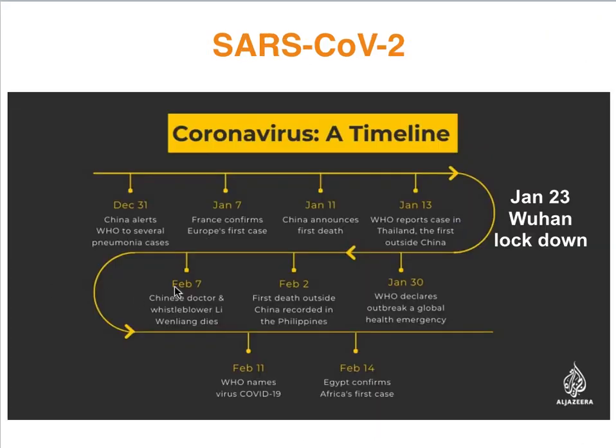This is a timeline of what has happened. So on December 31, China alerted the World Health Organization that there were some suspicious pneumonia cases that could mean another virus, a coronavirus like the SARS virus from 2003, was spreading in the country.